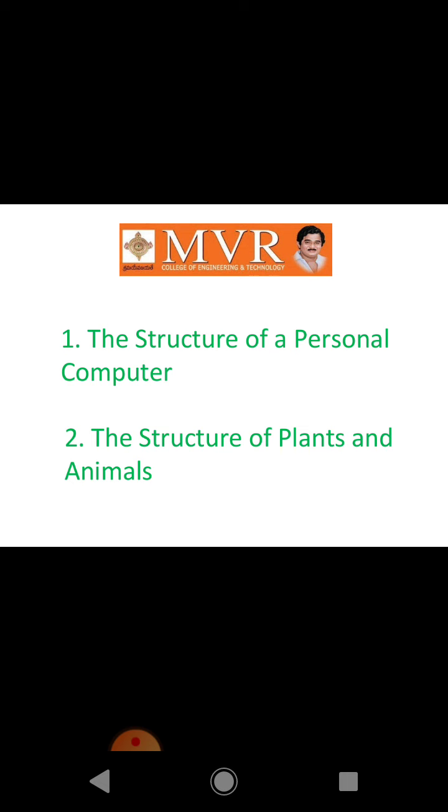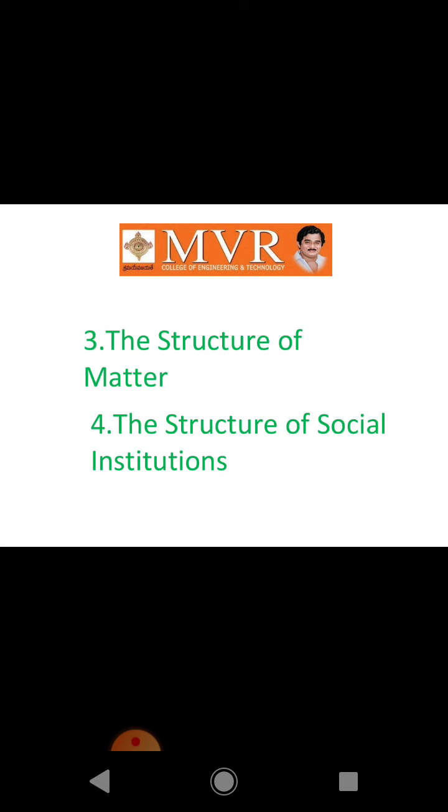And the third example is the structure of matter. The study of fields as diverse as astronomy and nuclear physics provides us with many other examples of incredibly complex systems. Spanning these two disciplines, we find yet another structural hierarchy.